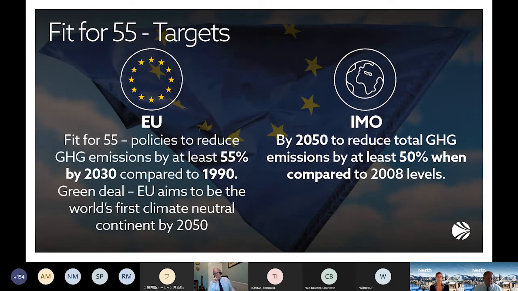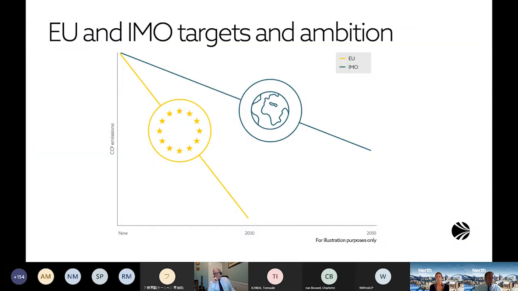Looking at the next slide, we're comparing the EU targets and the IMO targets. As we look at the timeline across here and the CO2 emissions up on the y-axis, we can see it's a much more stringent reduction compared to the IMO targets.